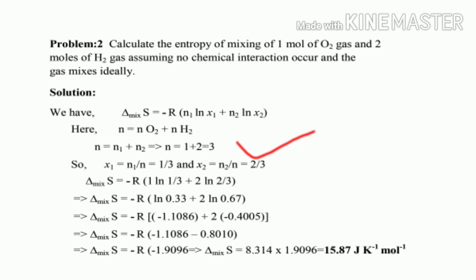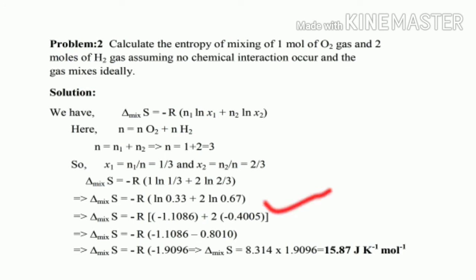Therefore, we can write the mole fraction of oxygen x1 = n1/N = 1/3, and the mole fraction of hydrogen x2 = n2/N = 2/3. Now replacing n1, x1, n2 and x2 in the equation, we get ΔS_mix = −R (1 × ln 1/3 + 2 × ln 2/3).